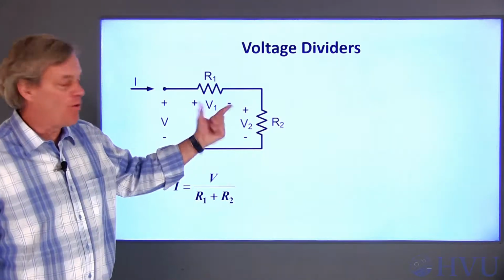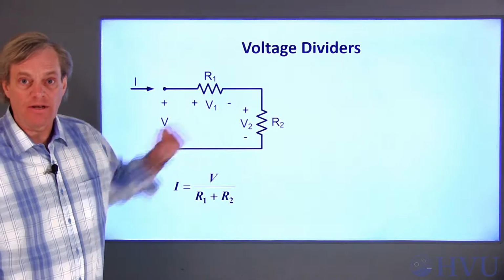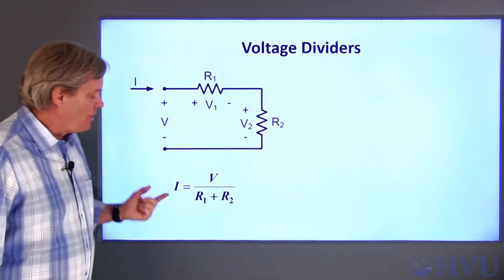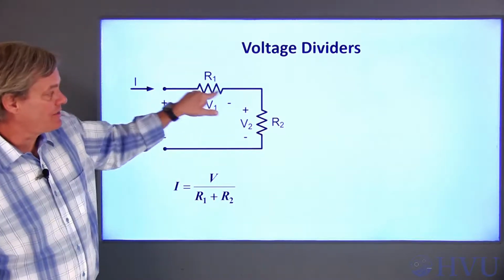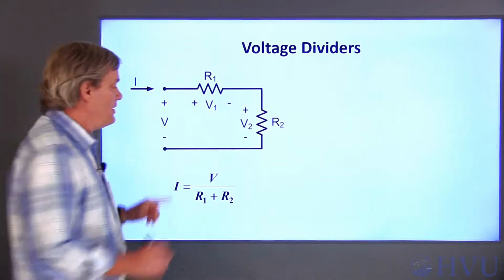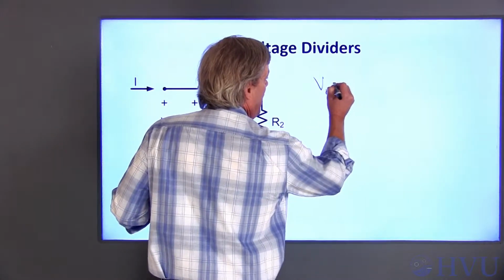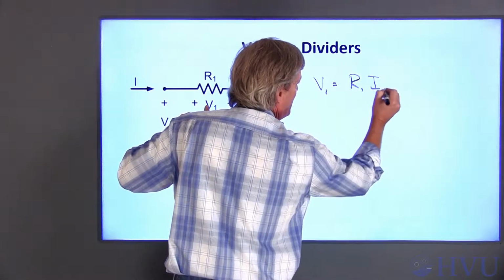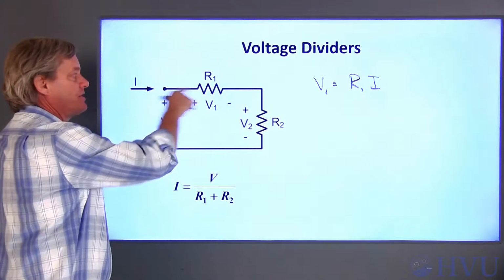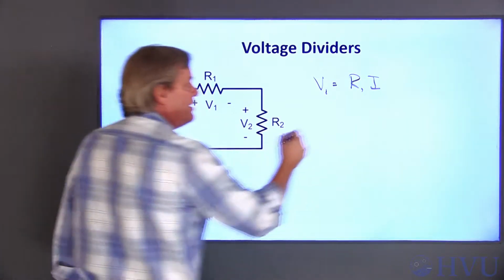So we want to find V1 and V2 in this circuit. As we saw in the previous video, the current is the total voltage V over the equivalent resistance R1 plus R2. So by Ohm's law, V1 is equal to resistance times current, which is R1 times I. This is the resistance times the current through that resistor.